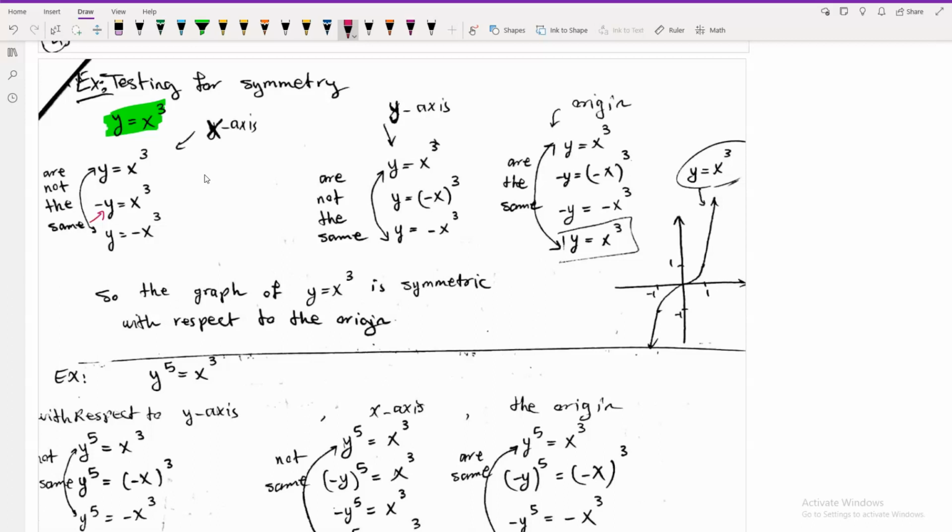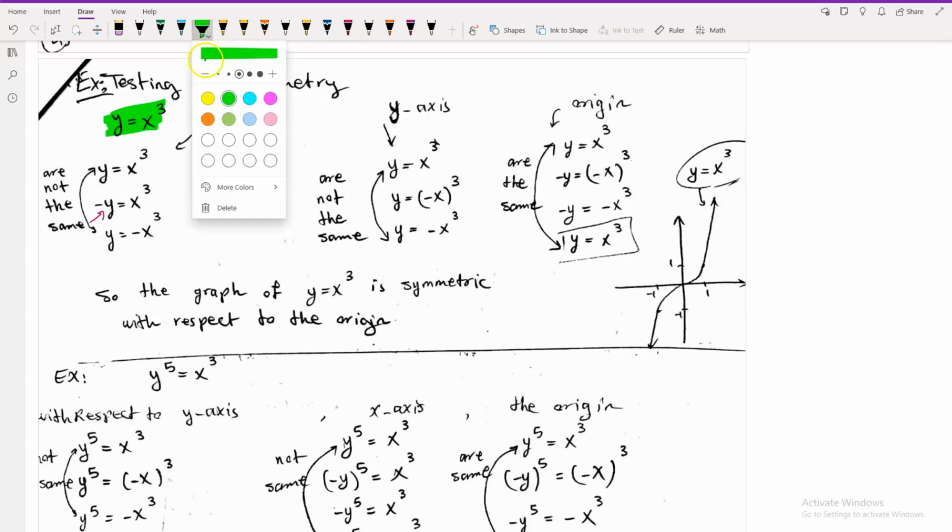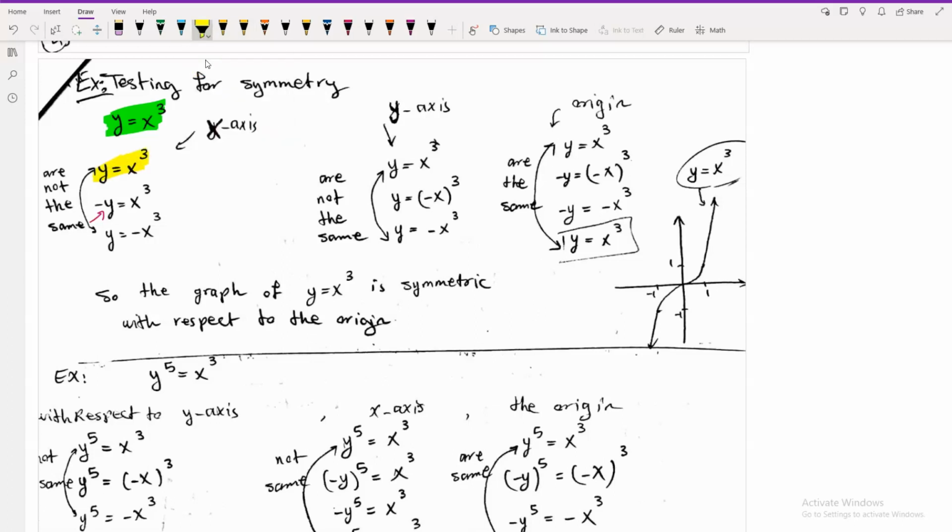We will have y equals negative x cubed. Then finally compare what was given with what we have after testing. These two are not exactly the same because of this negative sign. So this is not symmetric with respect to the x-axis.